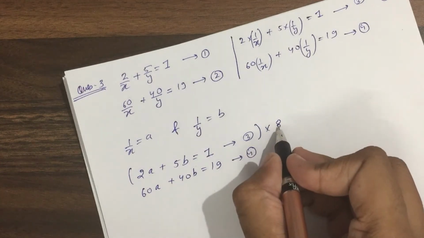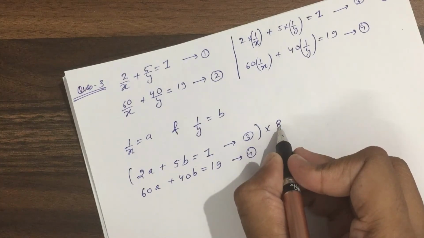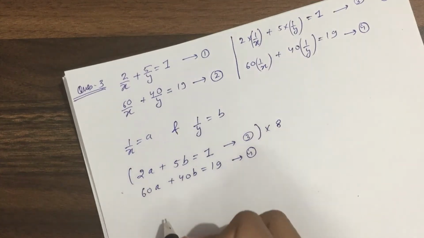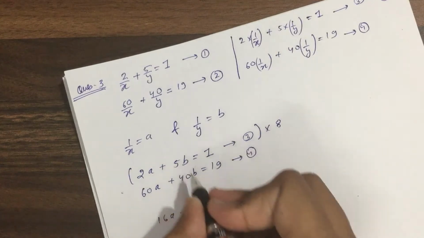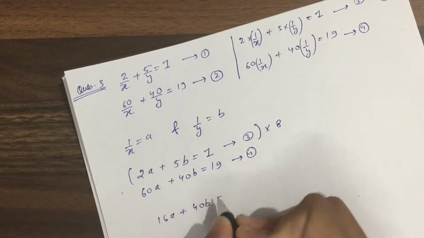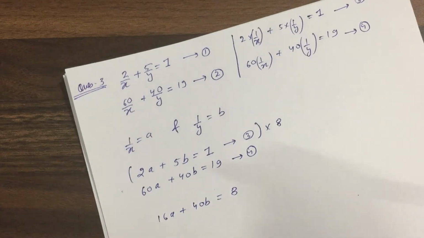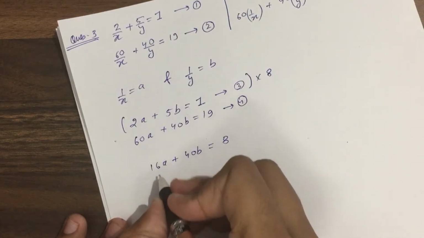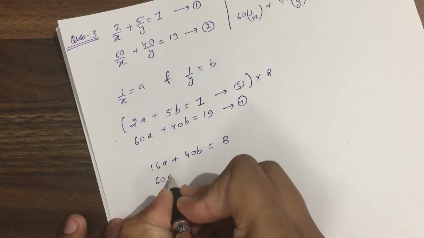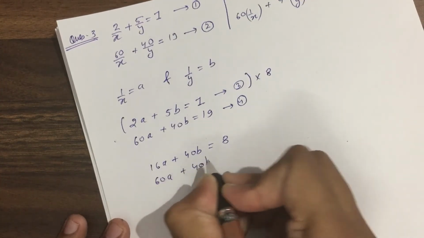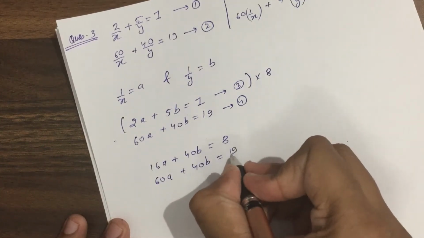So it will be like this: 8 into 2 is 16, so 16a plus 8 fives are 40, 40b equal to 1 into 8, it will be 8. Now we have to write this fourth equation as it is, 60a plus 40b equal to 90.